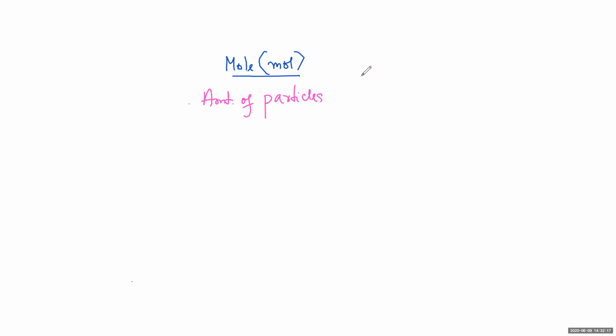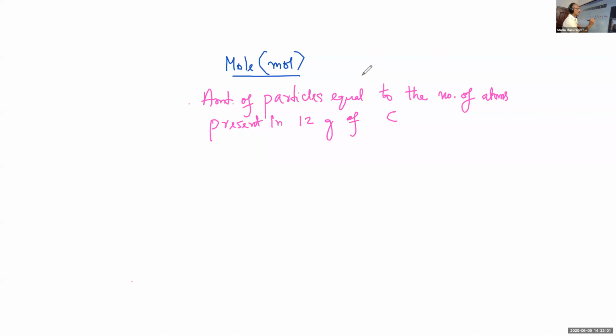So the number of particles equal to the number of atoms present in 12 gram of carbon-12 isotope.